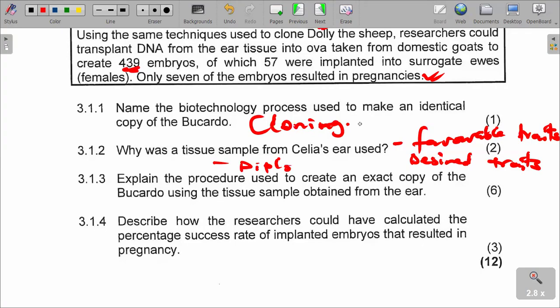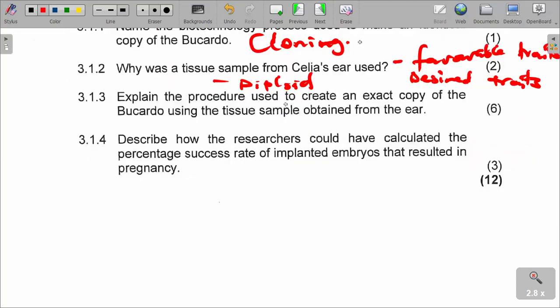It has the diploid number of cells that were actually needed in this case, full healthy diploid cells. It was the perfect nuclear donor that we can give in that respect.